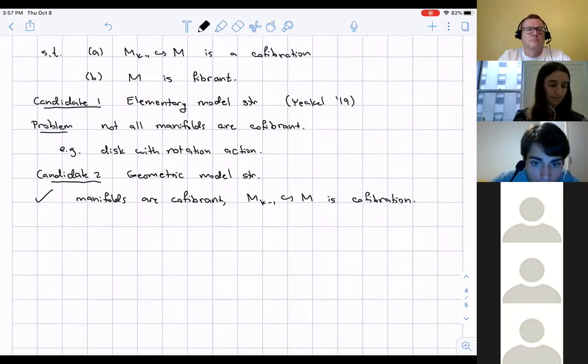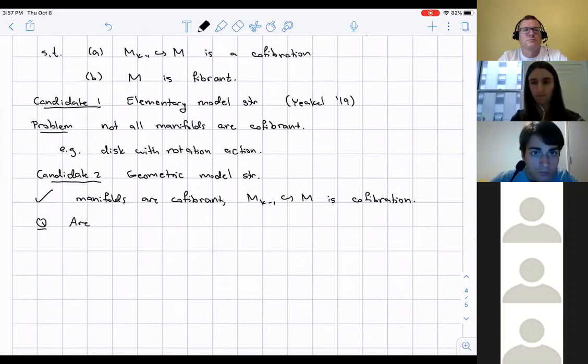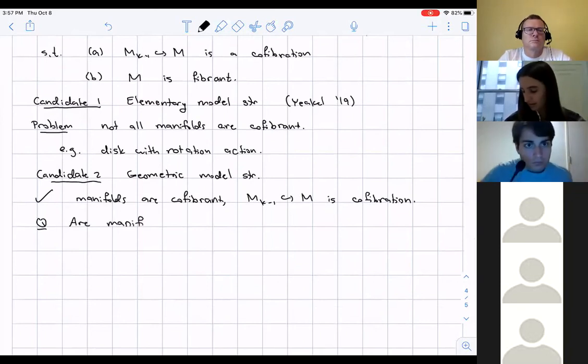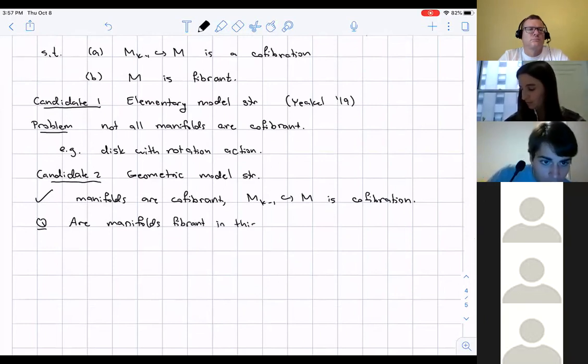And then what we don't know is whether manifolds are fibrant. And this is so far turning out to be pretty tricky. So this is the sort of big question that we're left with somehow, which is, are manifolds fibrant in this model structure?